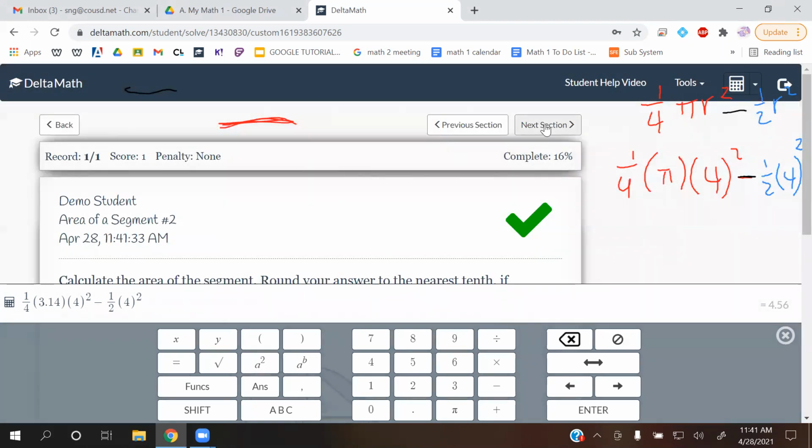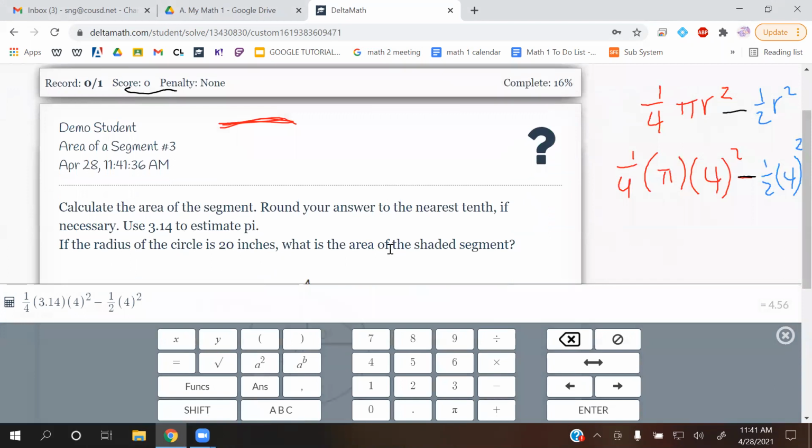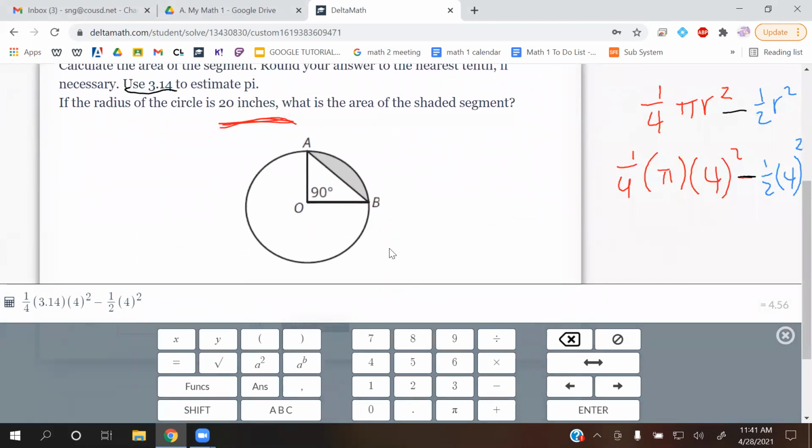All right, let's do one more example. Remember, it is just using the same formula right over here. So let me annotate. It says, if the radius of the circle is 20 inches this time, so I'm going to erase this 4. That was the original radius. And in here, I'm just going to write 20 because our new radius is 20.